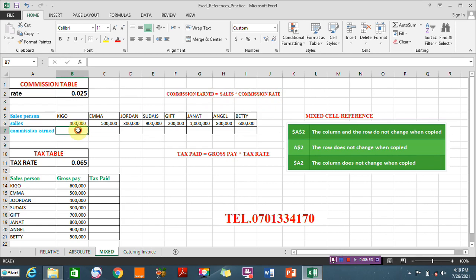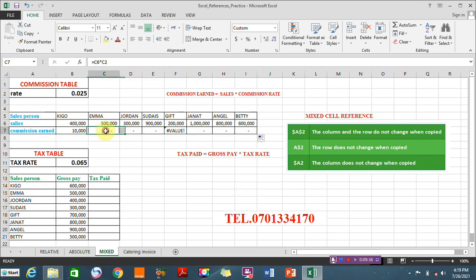We are going to try that. We shall say equals, these are the sales, then we have to multiply it by the commission rate. So we say times the commission rate, which is this one. Now, let's first of all do it when it is relative, and we see the answers it is giving us. When we come and drag our formula to other cells, it will give us that.